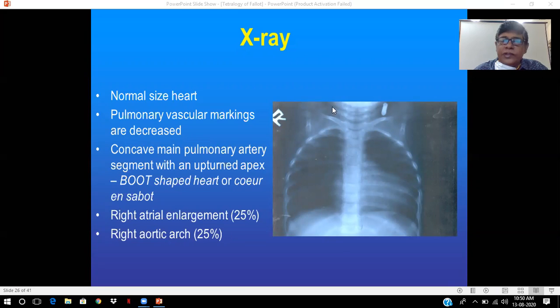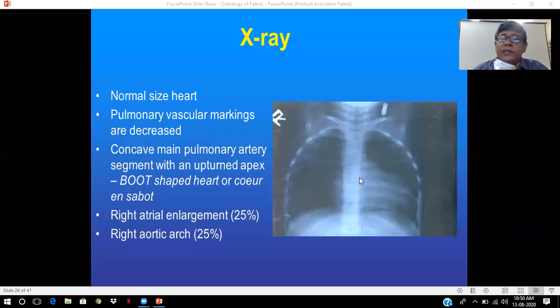And here a very important finding is oligemic lung fields. Because the pulmonary circulation is less, you don't find the pulmonary vascular markings. At least two-thirds of the lung fields will be oligemic; less vasculature will be seen. In VSD and others, you will get plethoric lung fields. When there is increased pulmonary circulation, you get increased pulmonary vascular markings, that is plethoric lung fields.